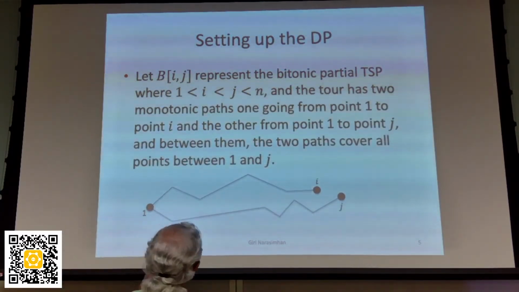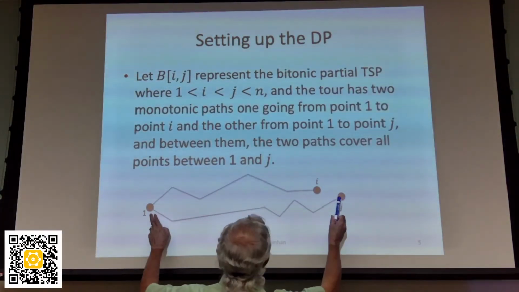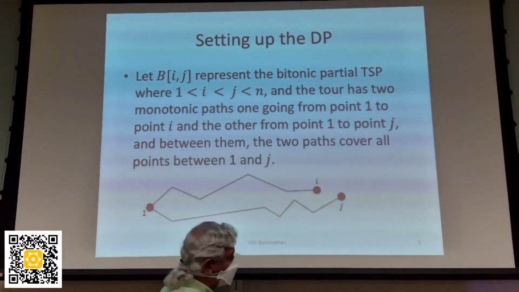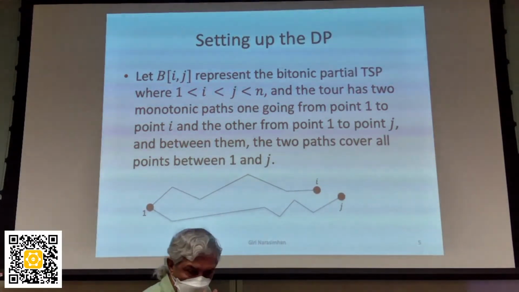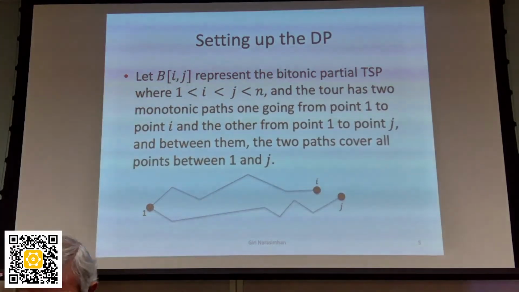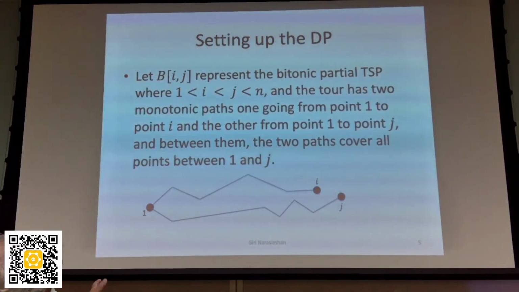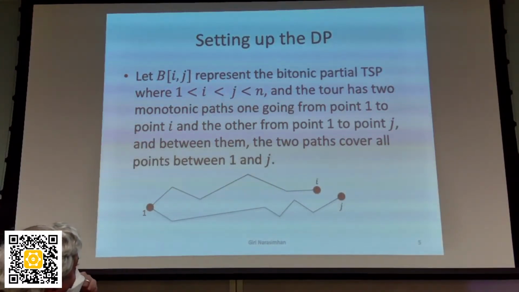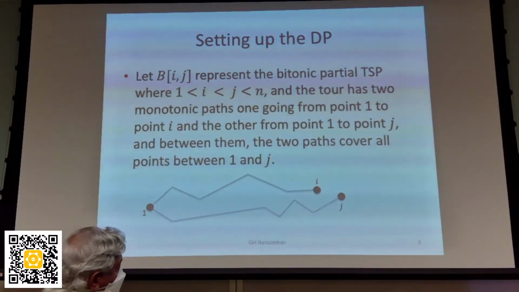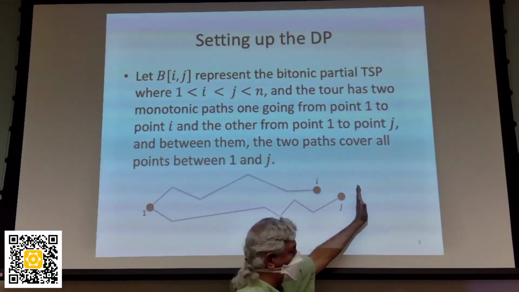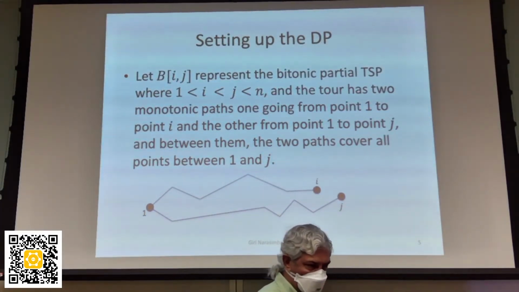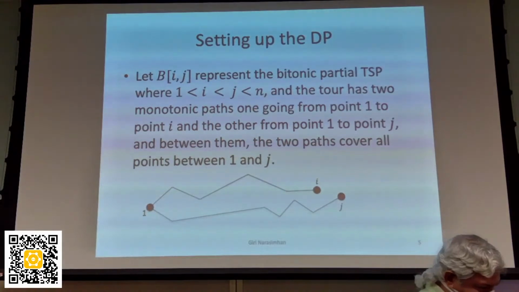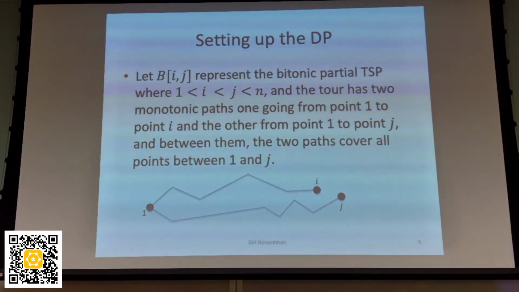The only thing you need to know is we're going to assume that j is bigger than i, and all the points between 1 and j have been covered. You never have to worry about them. They're all part of the tour somewhere. Okay. So now we have to kind of figure out how to take care of j plus 1 and so forth.